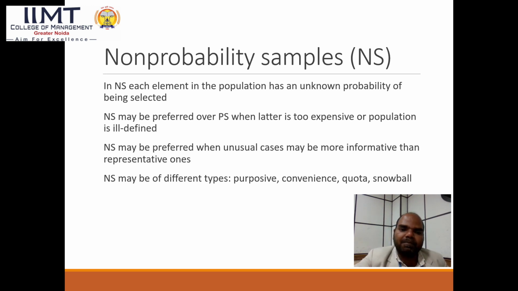Non-probability sampling may be preferred over probability sampling when the latter is too expensive or the population is ill-defined. It may also be preferred when unusual cases may be more informative than representative ones. Non-probability sampling may be of different types like purposive, convenient, quota, snowball, and others.